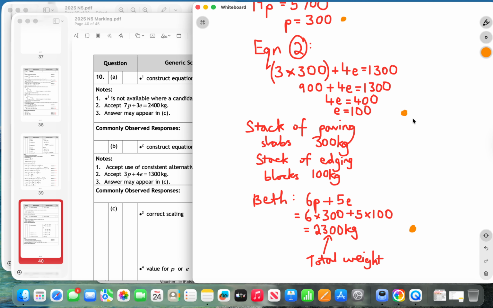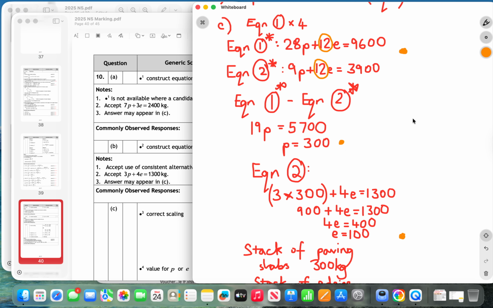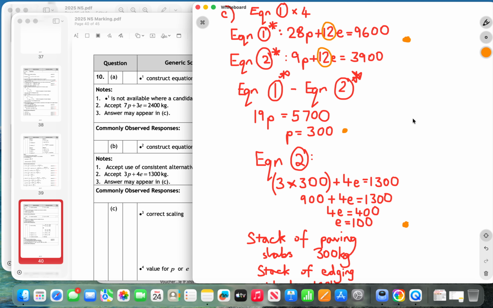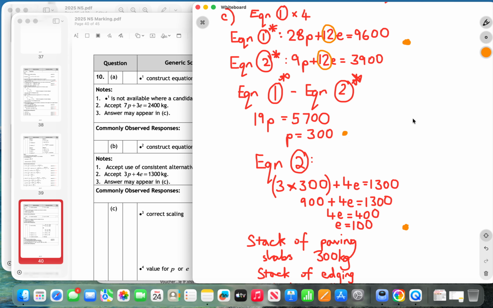As a general rule for Nat 5 maths, unless the question asks you to use a trial and error method, always use a mathematical method where possible. So use a formula, use an exact method rather than guessing or trying to plug numbers in and checking which ones work, which ones don't.